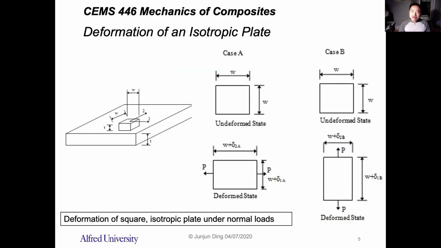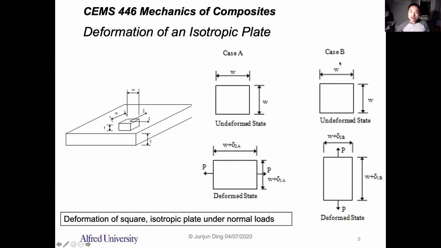So what is the isotropic material, right? So if there's an object made by isotropic material, you put a load on the object at one direction, the direction 1, which is the case A, right?